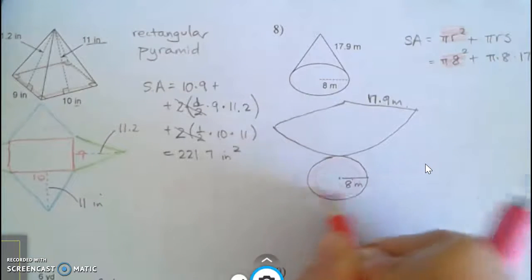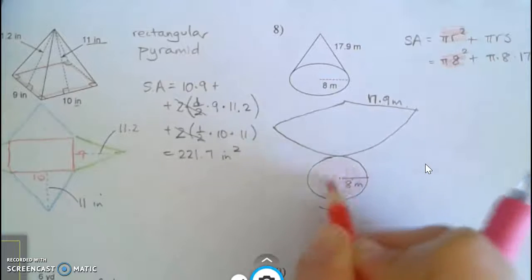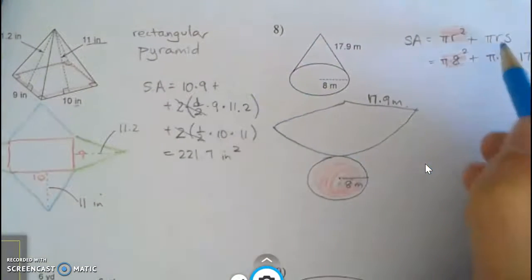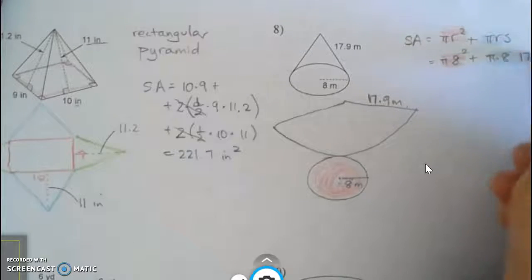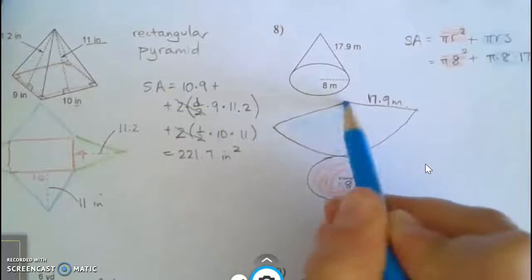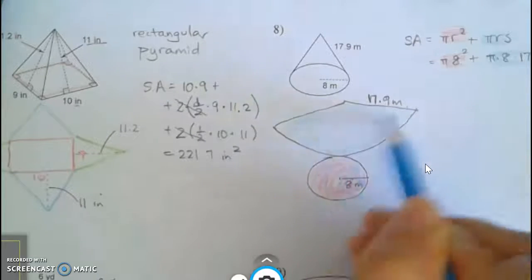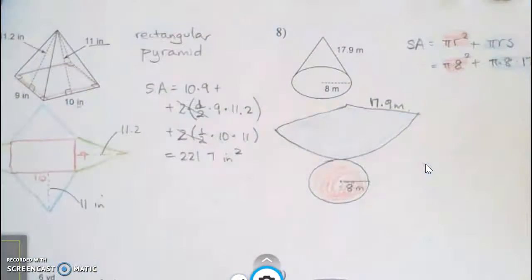And this part here, pi rs, that's calculating the area of this sector of a larger circle that is wrapping around the base circle.